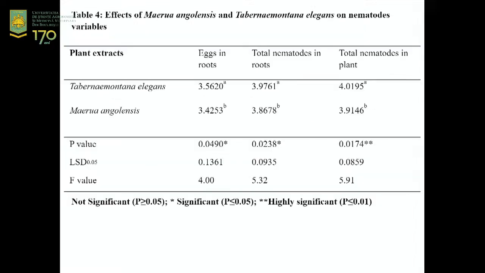In the greenhouse study, we also see differences in the response of the nematodes towards these two plant extracts, with Mario angolensis continually outperforming Tabana montana in the suppression of nematodes. This is evident because these phytochemicals have been reported to be associated with nematode management, so their presence determines the effectiveness of the extracts.